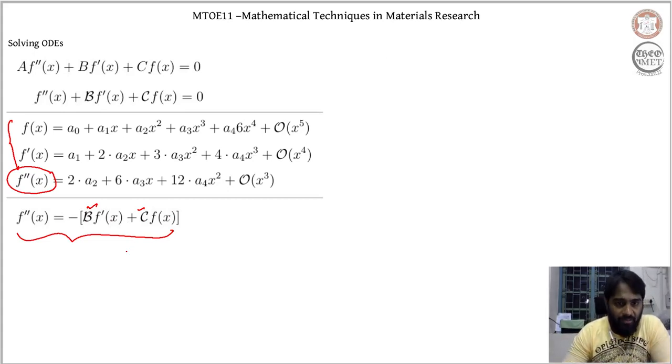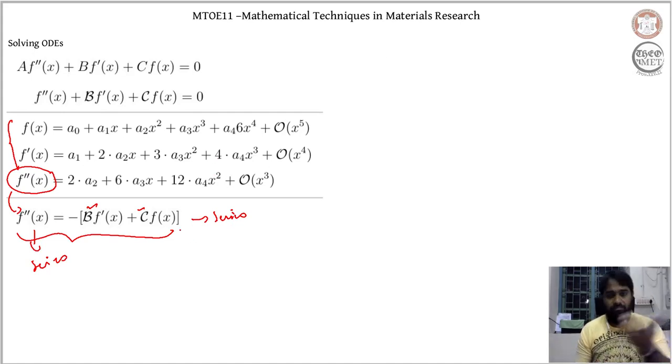When we do that, this is already a power series, and the sum of these two will also give us a series. So basically we are equating two series, and the left hand side and the right hand side will be equal only when the coefficients are equal.